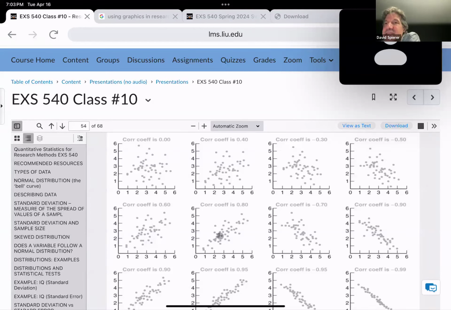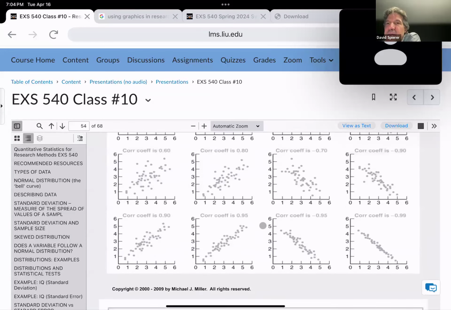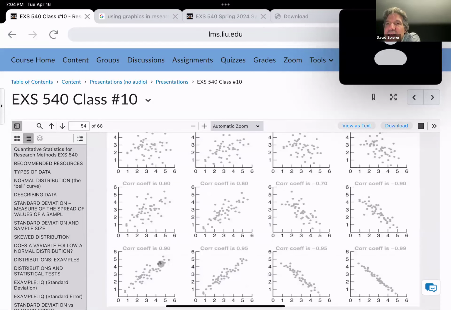This is a 0.8, which is even tighter, less scatter. Let's look at a 0.9, even less scatter, and a 0.95. Everything is right around the average and the mean. But this is a negative 0.95, so it's the exact same thing, but going in the opposite direction.